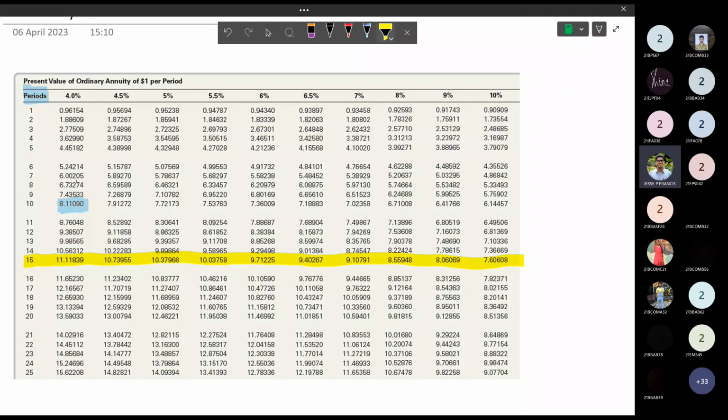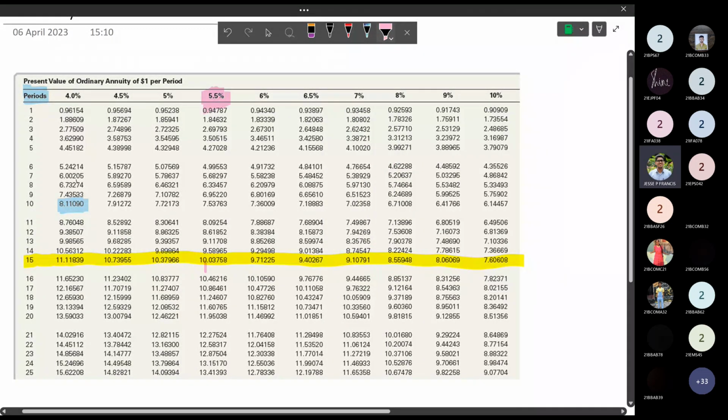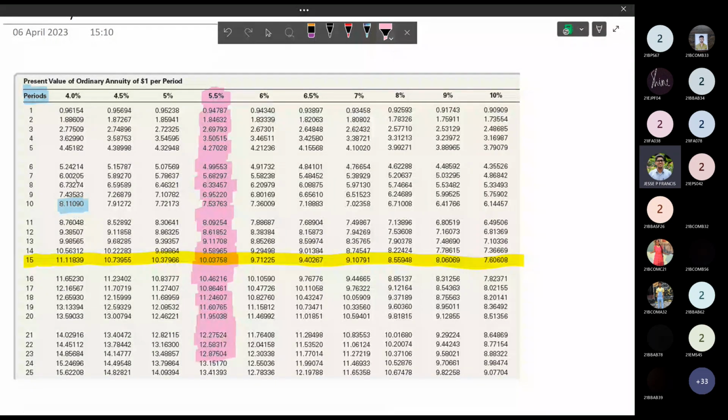And the discount is given to be 5.5 percentage, so this is the column that you should look at. And where it intersects is the value that you're looking for. In this case, 10.03758. Is it clear? Can you understand how to find the annuity factor given the discount and the period?